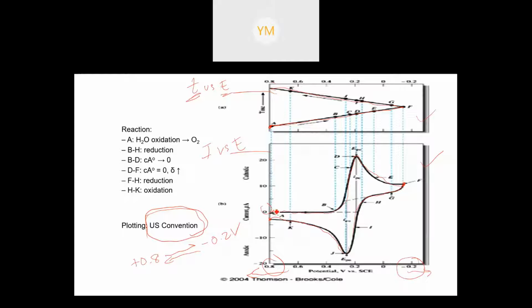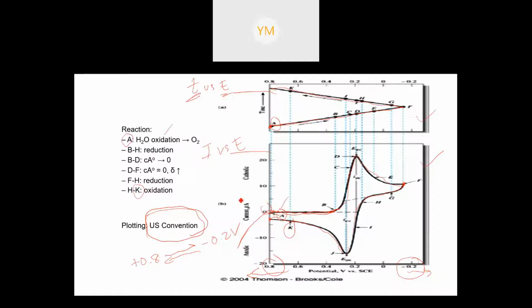So actually each point starts at A until K. You can see here A, similar to this, only the axis is different. So from A to B there is no reaction, but at A actually there is oxidation of water.